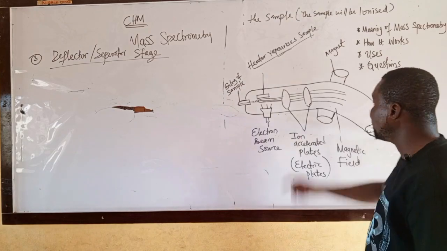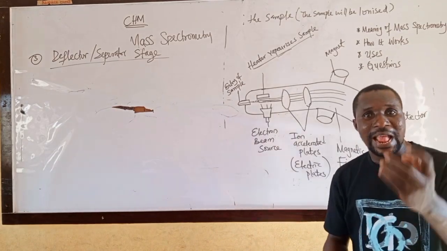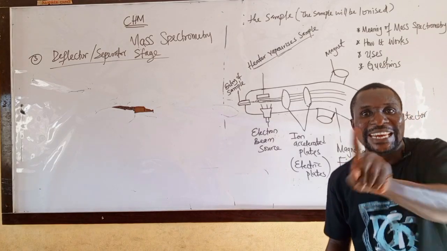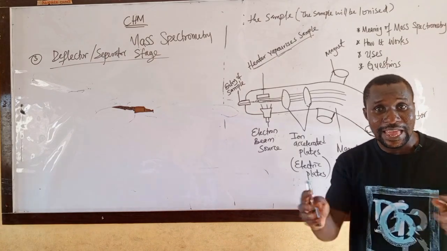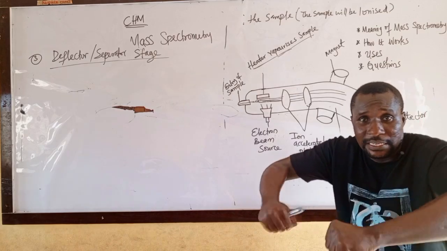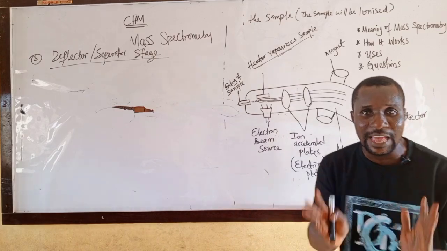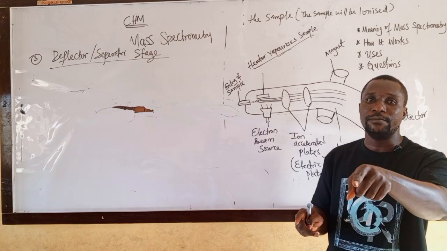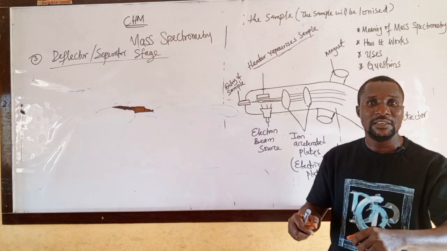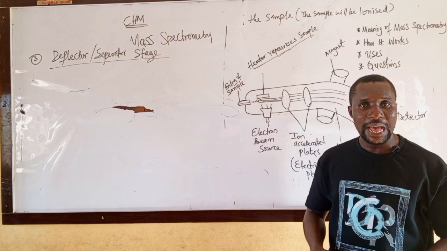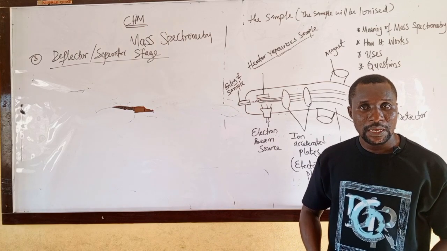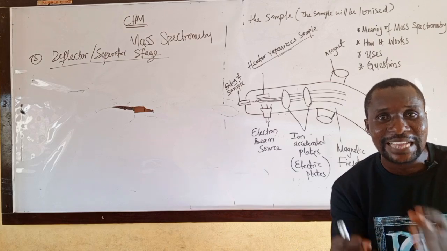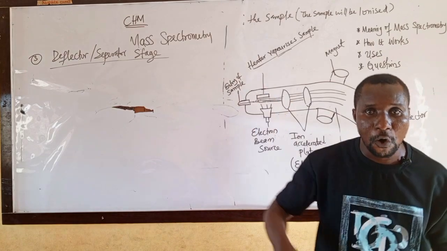What will happen? At this stage, heavy ions will be deflected less. Take note. The ion that is heavy will be deflected less. That is how you know. When you see the one that is deflected less, you know that this one is heavy, that means it has higher mass. Light ions will be deflected more.